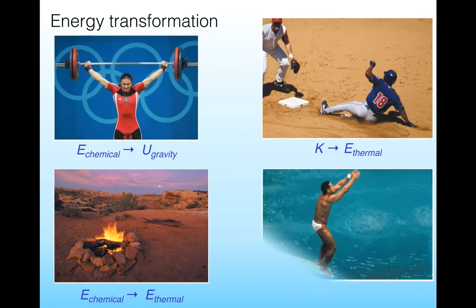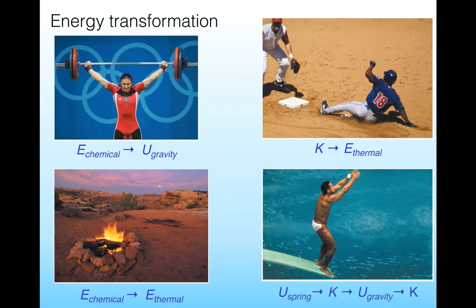And finally, here's a very interesting and complicated example of a diver who's going to jump off a springboard, jump into the air, and then dive into a pool. The springboard has some kind of spring energy, we'll call it U spring, and it's a kind of stored potential energy. That can be turned into kinetic energy as he is lifted up into the air at a higher velocity.